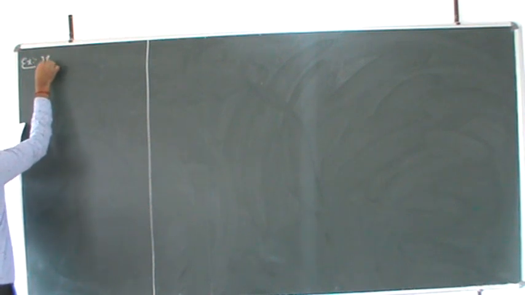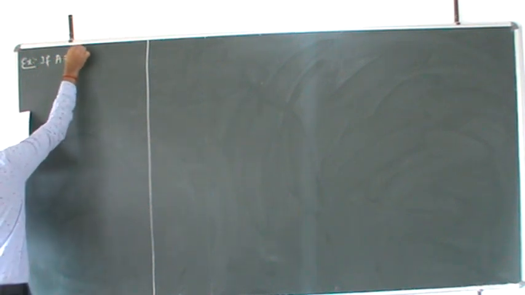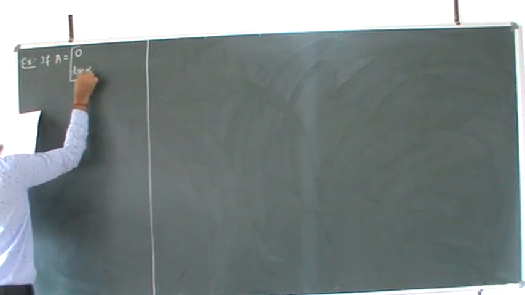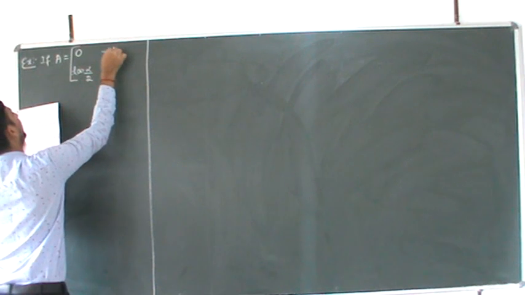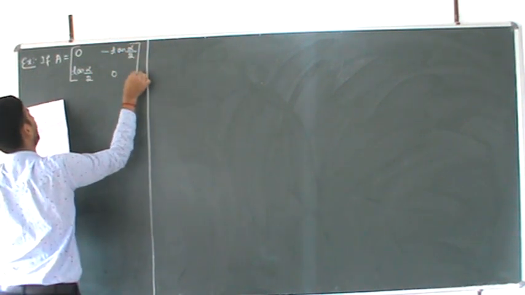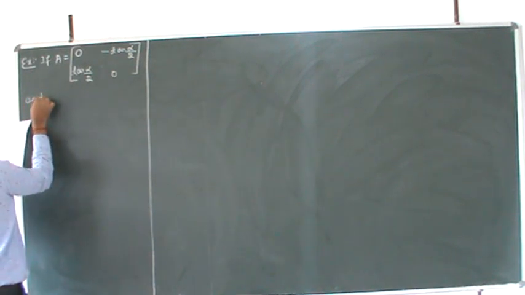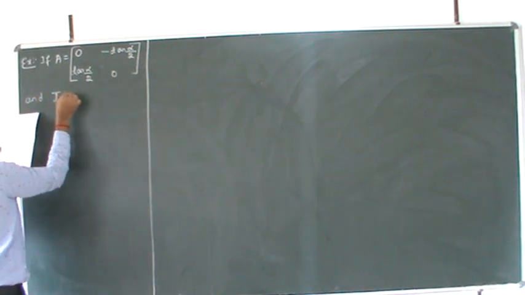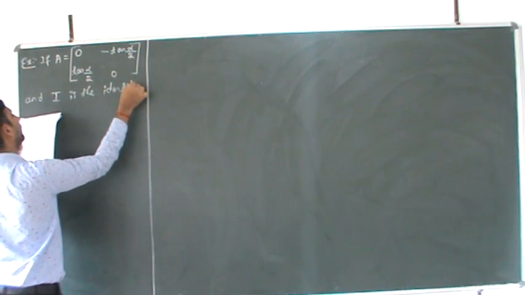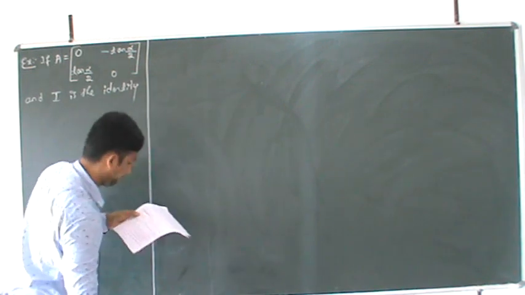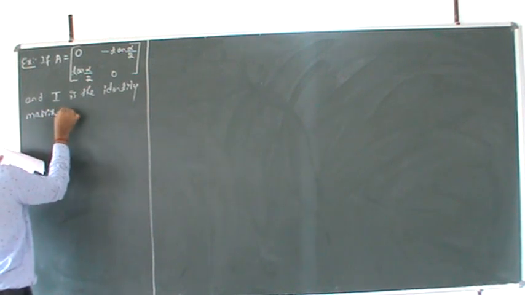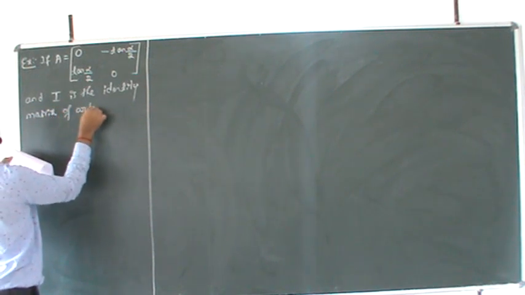If capital A is equal to [0, tan alpha by 2; minus tan alpha by 2, 0], and capital I is the identity matrix of order 2.